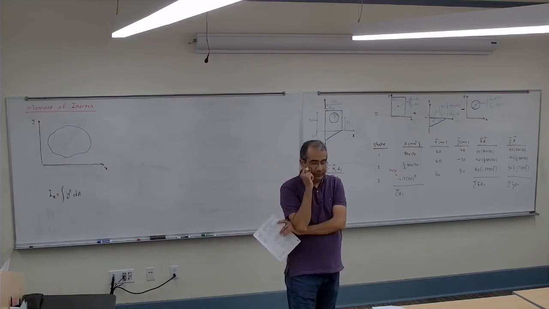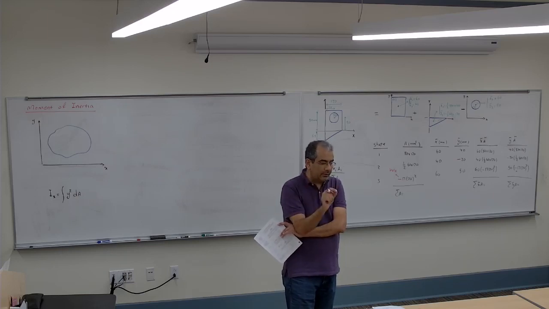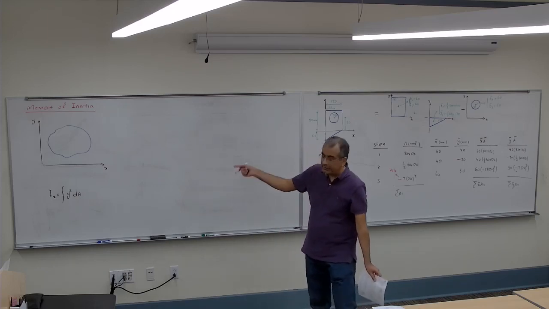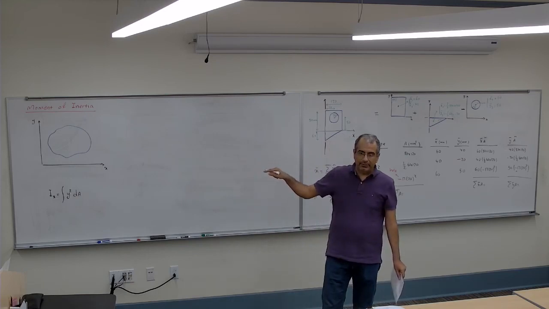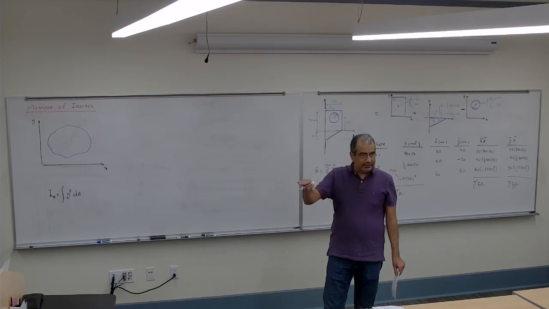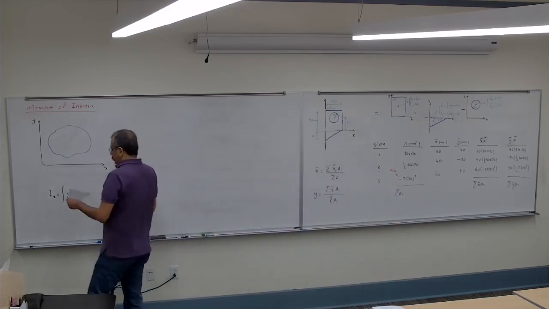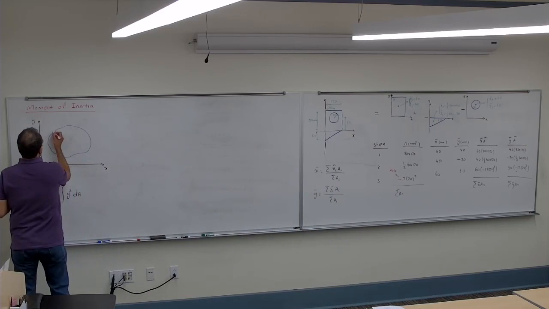For moment of inertia, I cannot do that. The element I choose should be parallel to the axis I want to find the moment of inertia about. Here I want to find the moment of inertia about X, correct? So my element should be parallel to the X. In this case, I have to choose an element that looks like this.